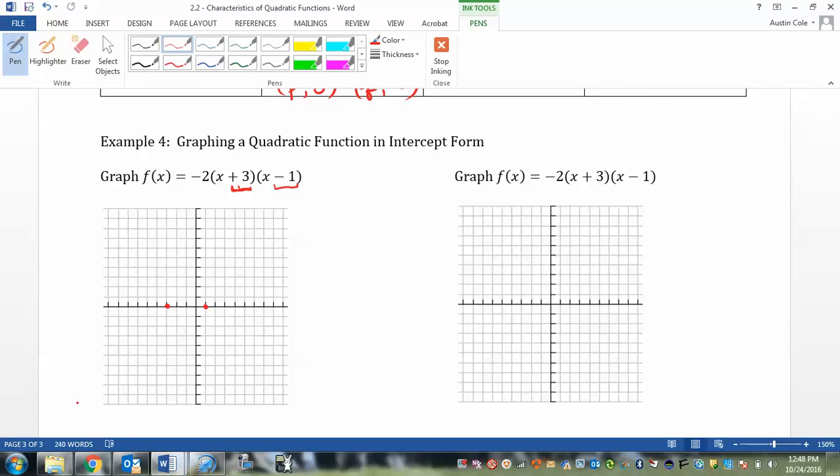Right in the middle. There's 2 units, 2 units, we're going to be right here. Now I think that's pretty straightforward.